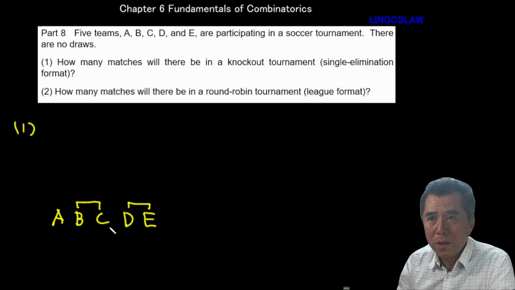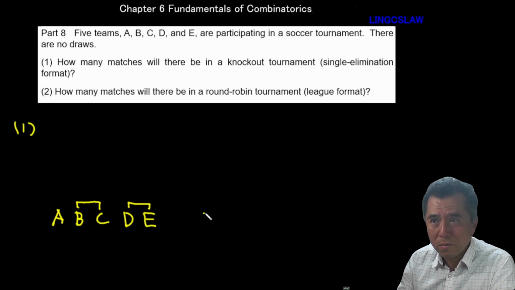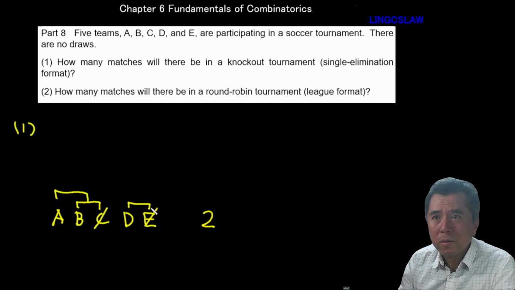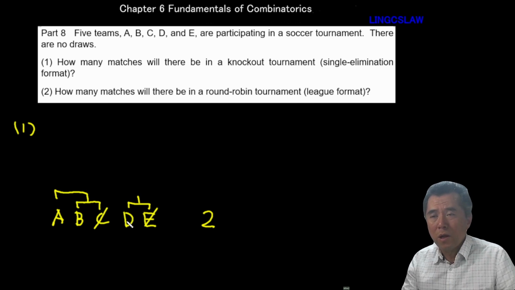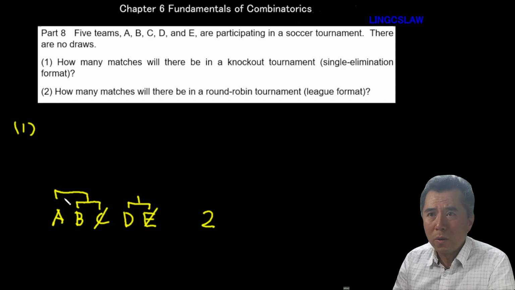So let's say B and C, D and E, and there are 2 matches and 2 losers. Now let's say this one, and 1, 2, 3 teams. There are 3 teams, so again only 1 match is possible.